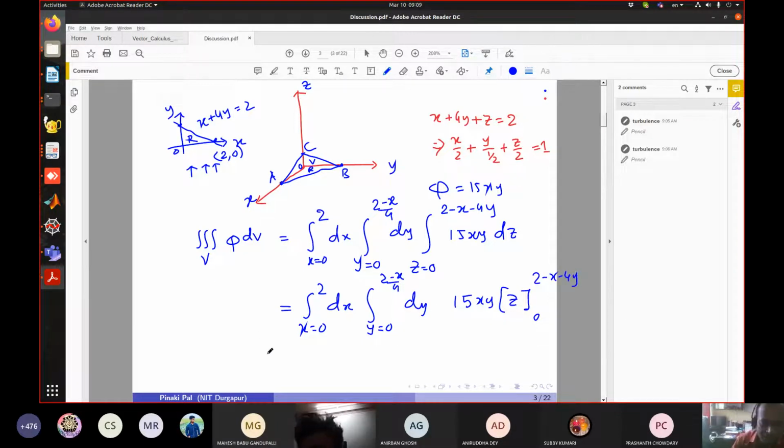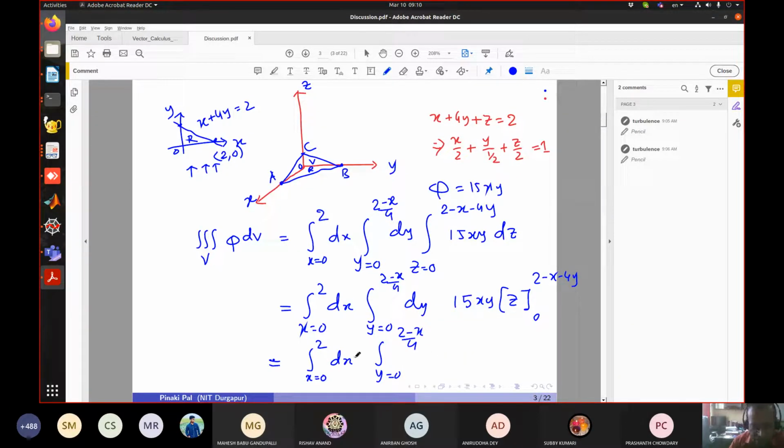Then we are left with a double integral, x equal to 0 to 2 dx, y equal to 0 to (2 minus x) by 4. So we get 15, I can put outside, xy into (2 minus x minus 4y).